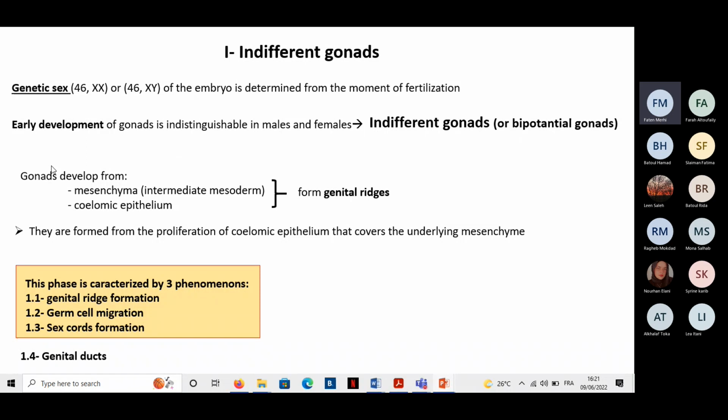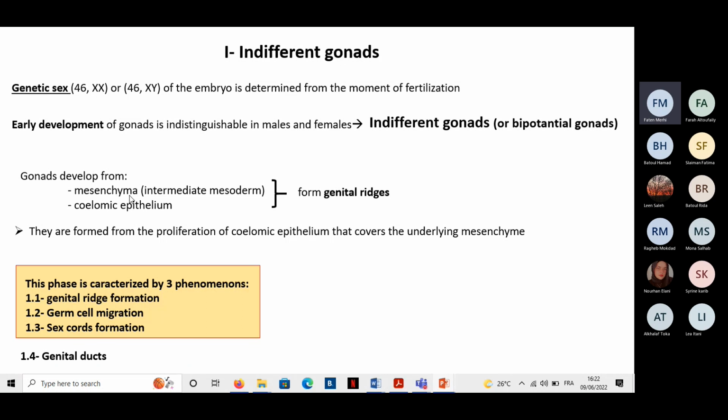Now, the gonads, when they develop, originate from two tissues, the mesenchyma and the coelomic epithelium. So we have two tissues in the fetus that are at the origin of gonadal genesis, or development.